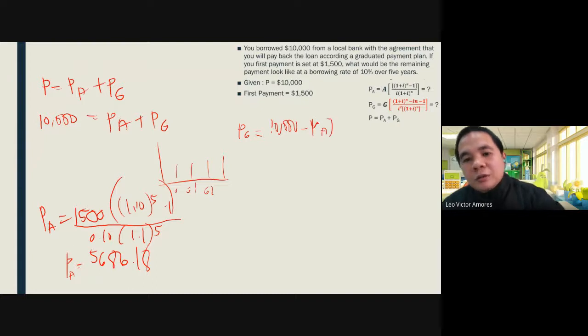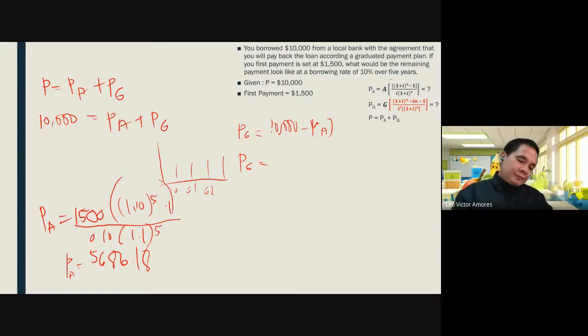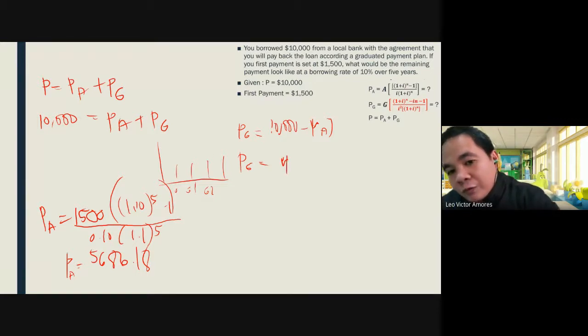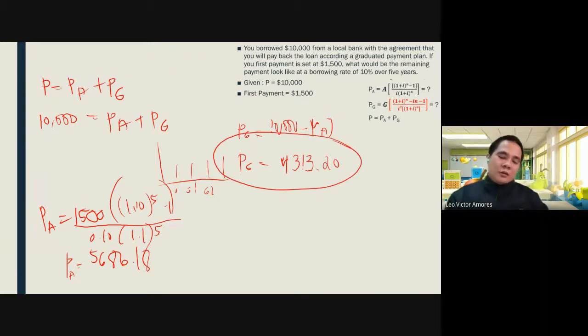So, how much should your P of G be? That is 10,000 minus P of A, which is 4313.20. Right?